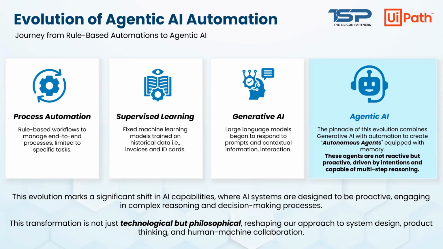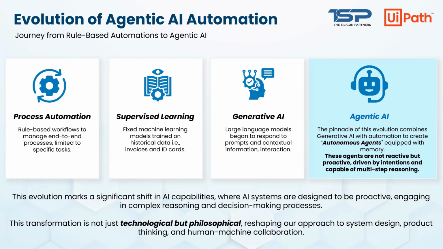But now this autonomous agent with agentic AI has its own memory, is able to process the information and take decisions on the fly, not being reactive but becoming more proactive in solving these problems. So that's the era of shift that has happened with agentic AI.